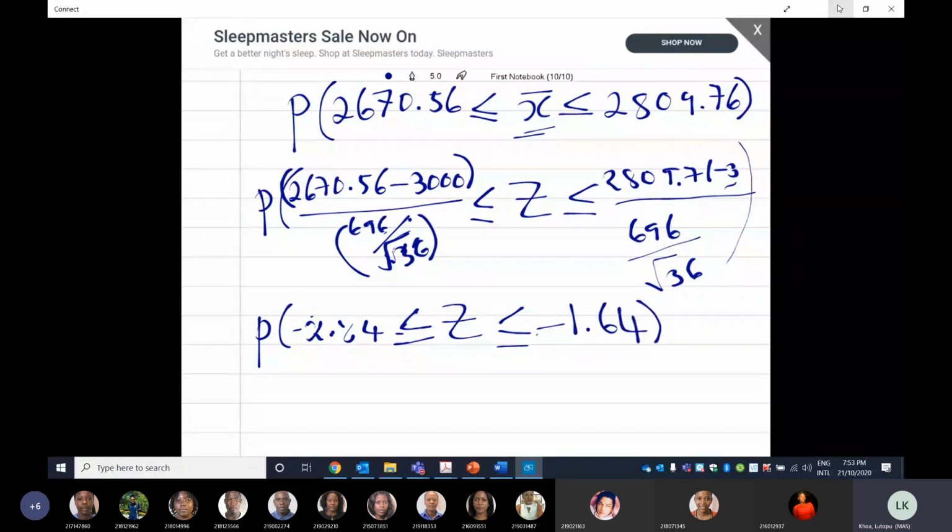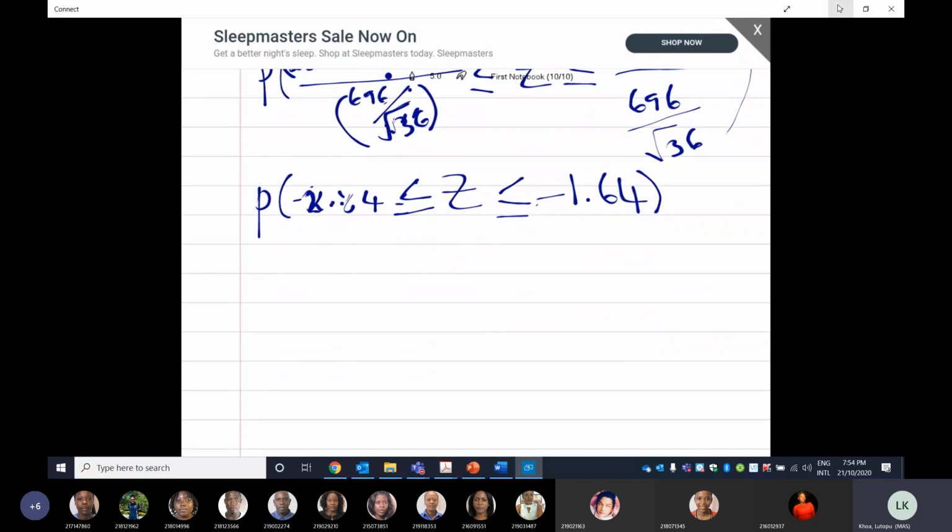So this is the area that we're looking for. We're looking for the area between the Z values negative 2.84 and negative 1.64. So again, what you should do is draw a sketch and try and identify it.